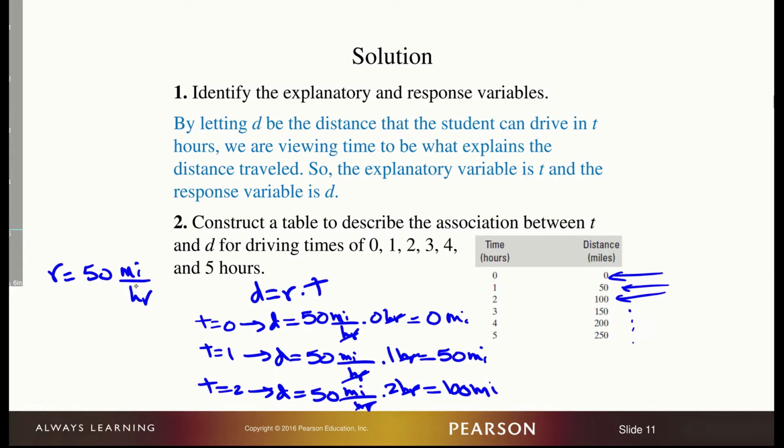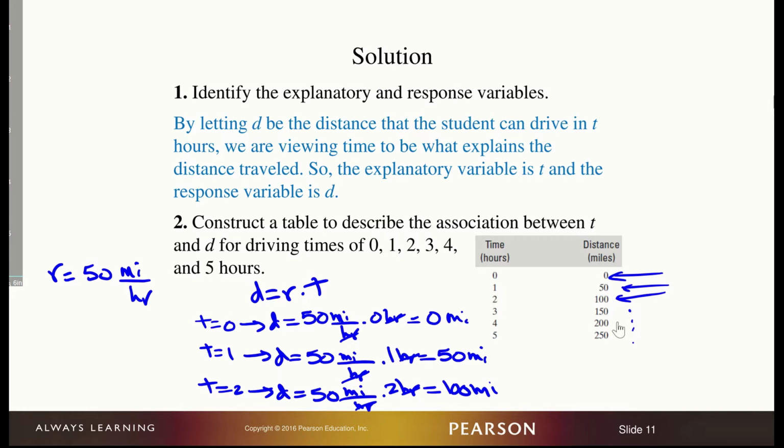So for each time value, we go ahead and multiply it by 50 to get the corresponding distance value. Of course, this one is in hours. We multiply by miles per hour, and the hours will cancel, and we end up with simply miles in the distance column. All right, so there's our table.